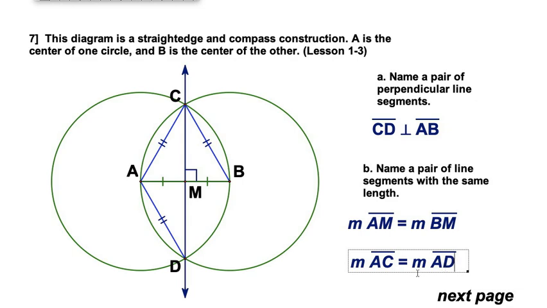Okay, notice the way I'm writing it here. This says the measure of the segment AC is equal to the measure of the segment AD. It said name a pair of line segments with the same length. So that's why I felt compelled to write it that way.